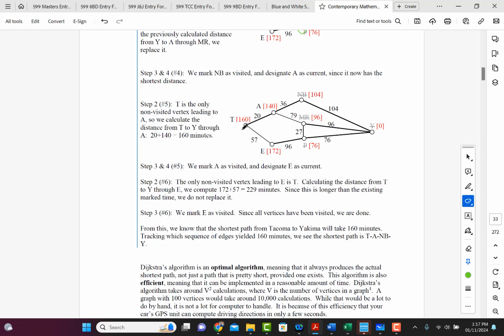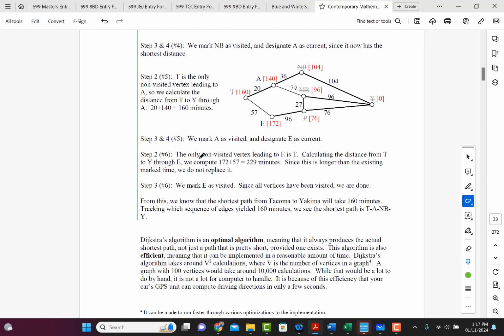We mark A as visited, and now we designate E as current because it's the smaller distance of the two between T and E. And then we go through it again. Now, the only non-visited vertex leading to E is T. So now we calculate that distance. So T is 160 minutes.